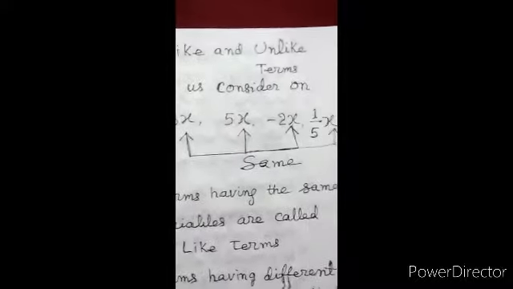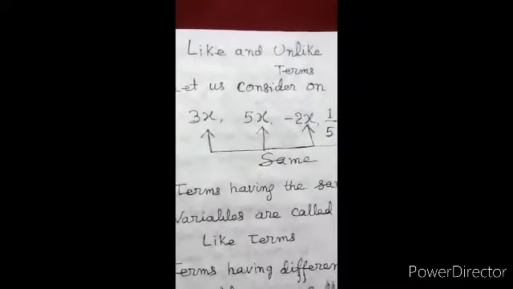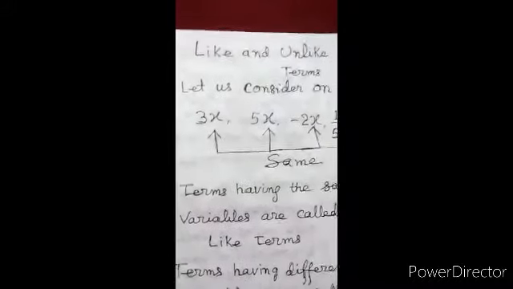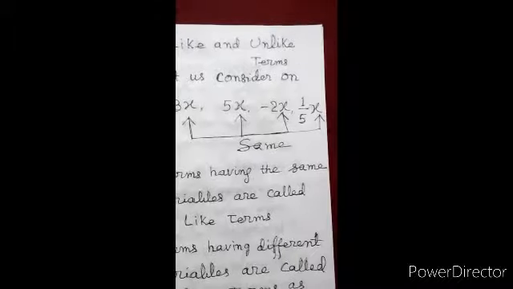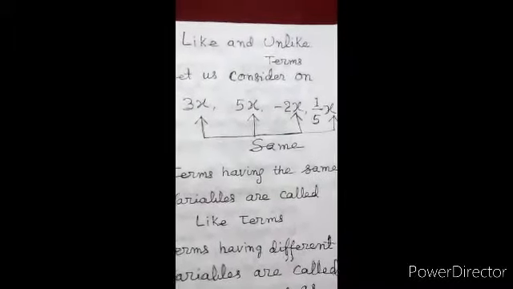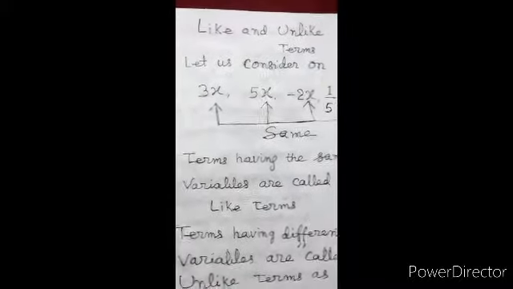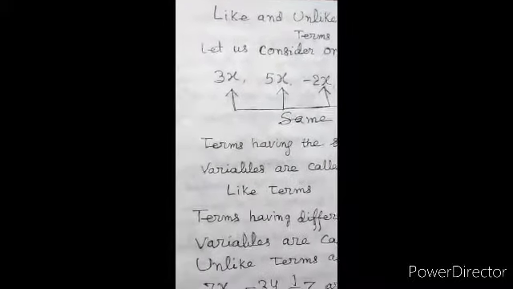Like and unlike terms. Let us consider 3x, which is one algebraic expression, 5x, which is another, minus 2x, 1 by 5x. Here the variables are the same, so these are like terms. Terms having the same variables are called like terms.